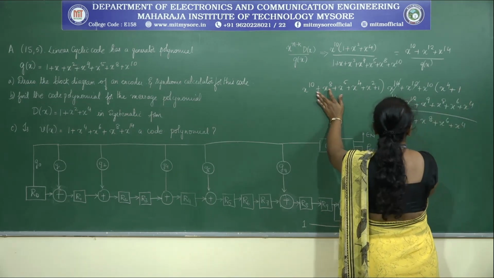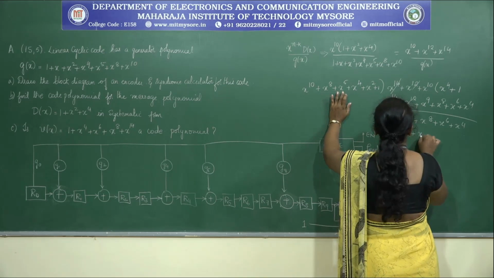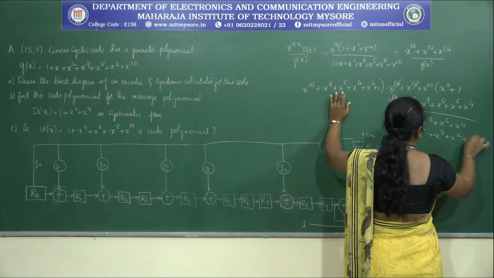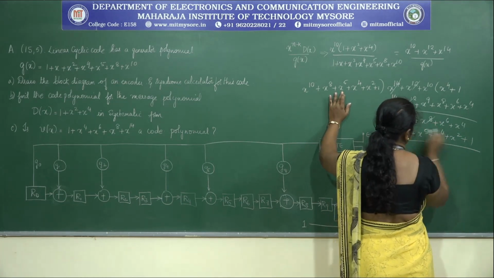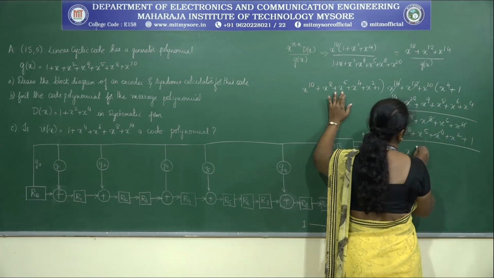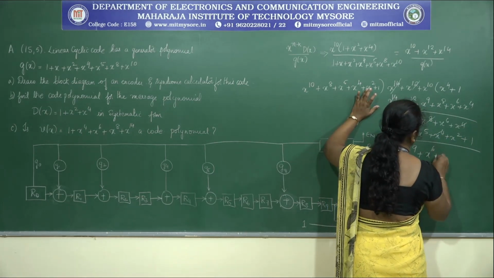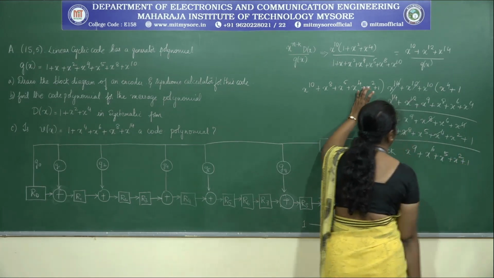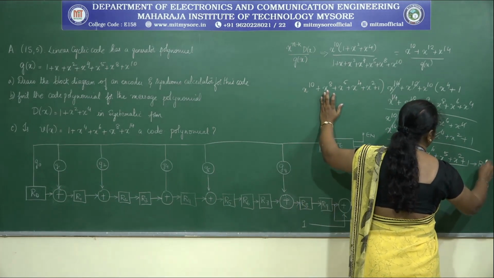So plus 1, x power 10, 8, 5, 4. So we have 9. So this is your R of x.